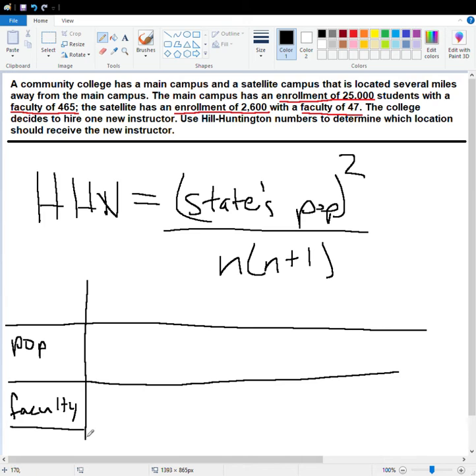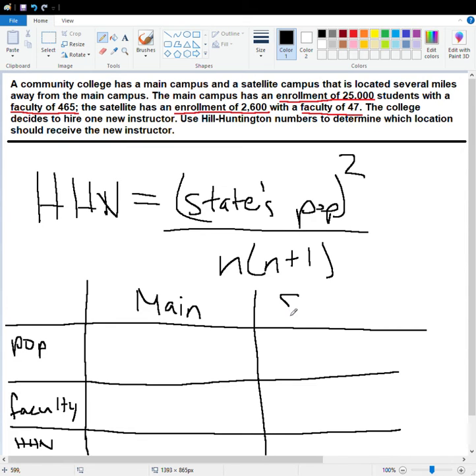And we'll have one last row right down here for HHN, what we are trying to find, right? On top, we'll have the different campuses. So we'll have main and satellite. We'll put this as sat. Right. So now it's just a matter of filling in the table.